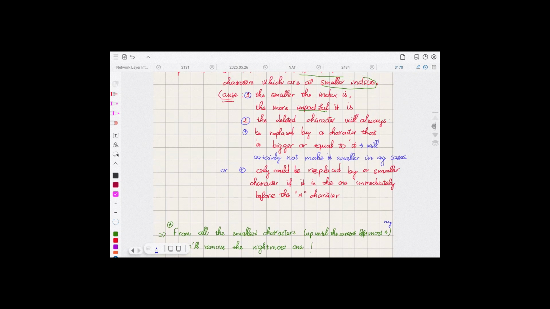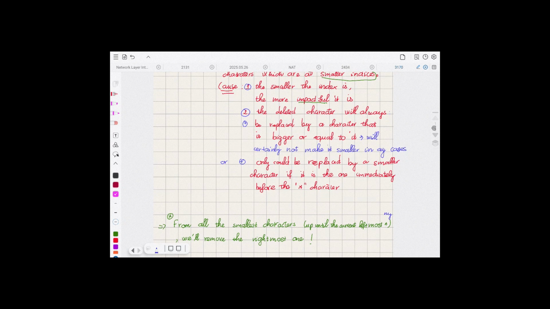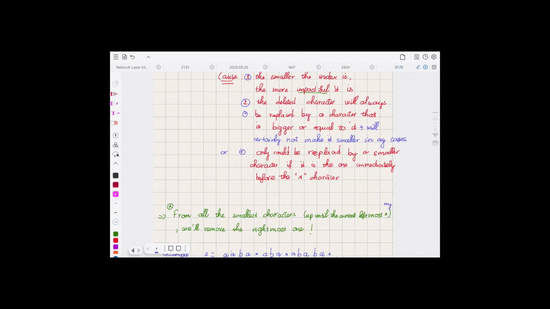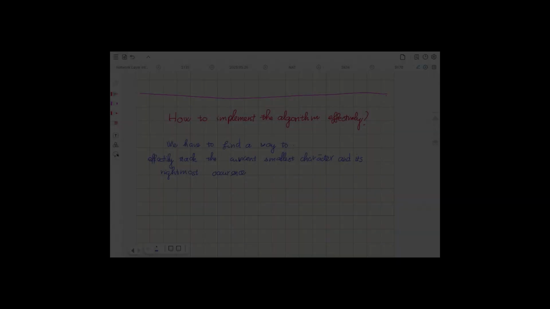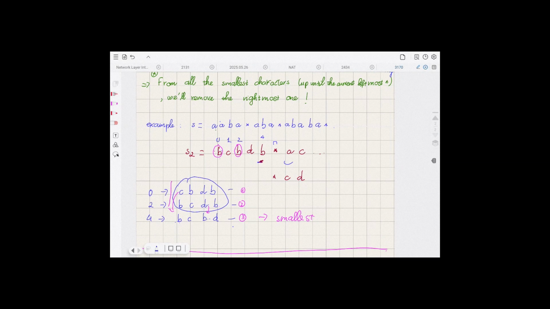From all that, we can now conclude that from all the smallest characters available up until the current leftmost star, we will remove the rightmost one to obtain the lexicographically smallest string. So we have now come up with the main logic to implement the algorithm.